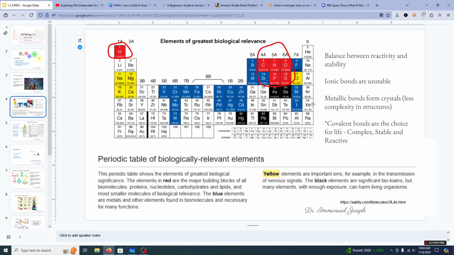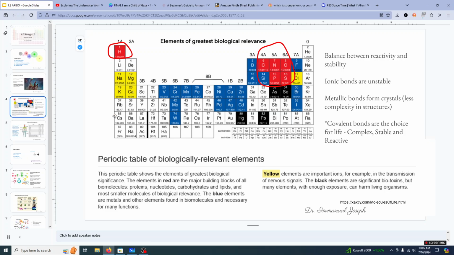So if we look at that as a requirement for creating biological molecules, you can see which of these elements in the periodic table are suitable for forming covalent bonds. If you look at this list here, of these two groups, you have the alkali and the alkaline earth metals.